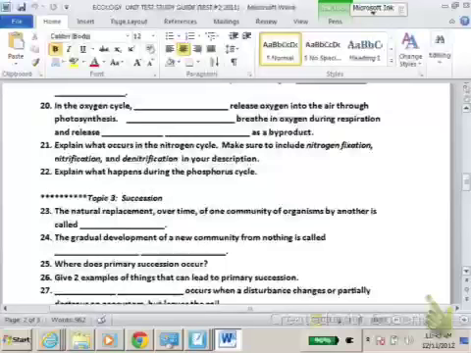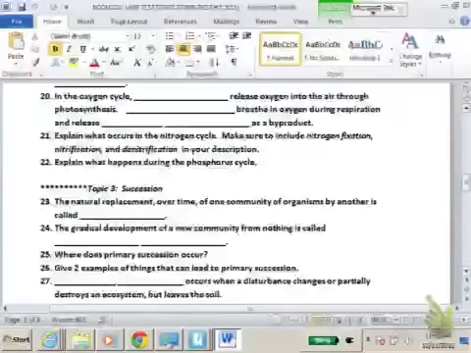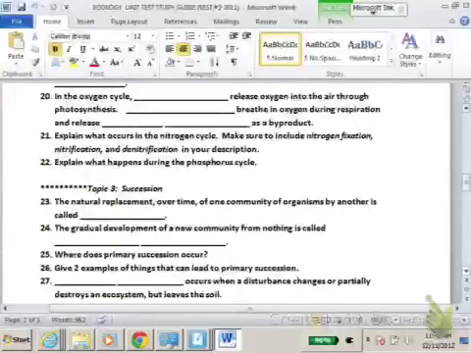Okay. Topic 3, succession. The natural replacement over time of one community of organisms by another is called succession. 24, the gradual development of a new community from nothing is called primary succession. 25, where does primary succession occur?